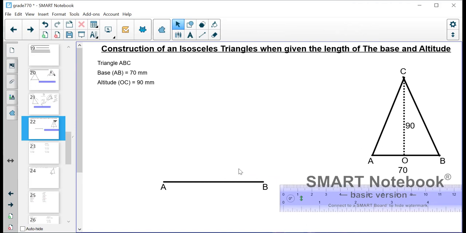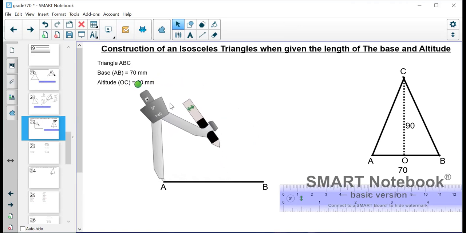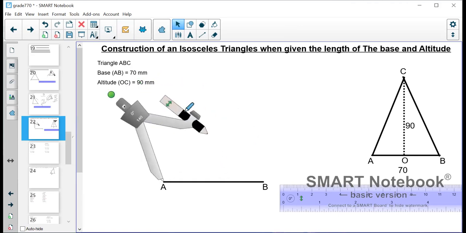Now, for this particular triangle, the altitude is drawn from the center of the base to the apex, right? So in order to obtain that altitude, we need to bisect the base, all right? We bisect the base, and again, you can remember that bisecting a line means you're dividing it in half, right?